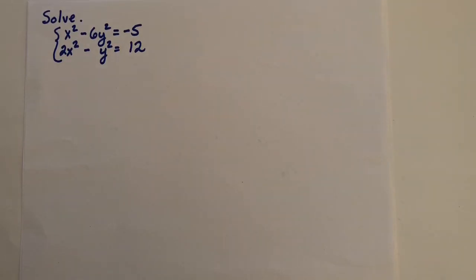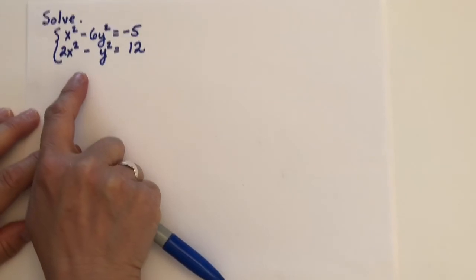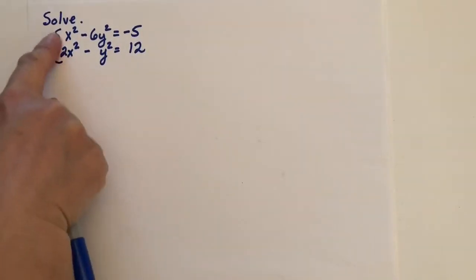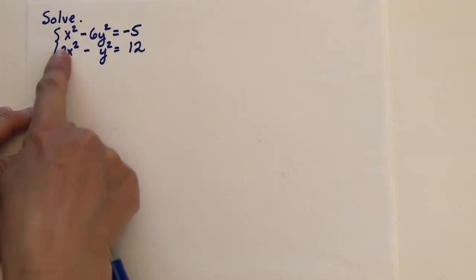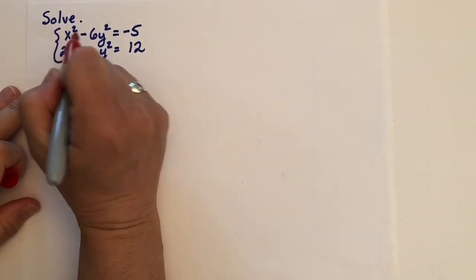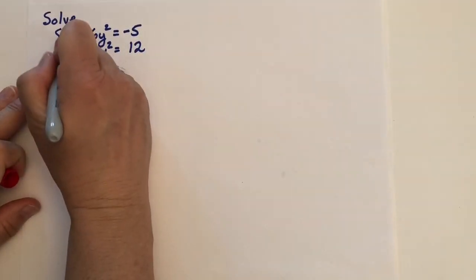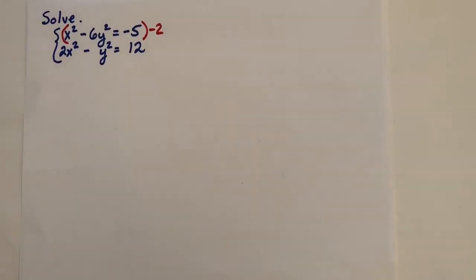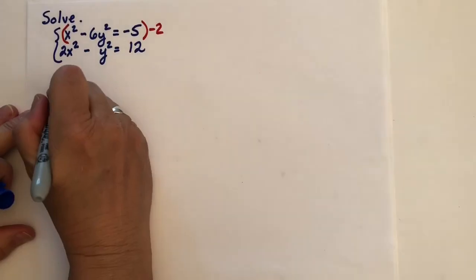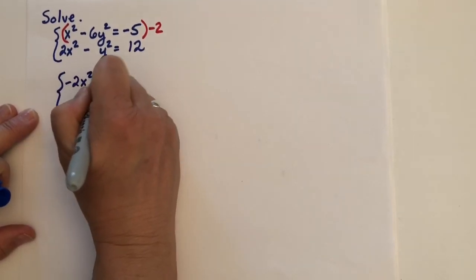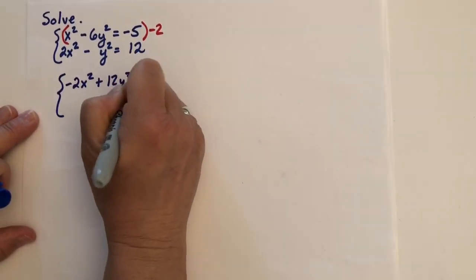So we can either eliminate the x's or the y's. I think I'll multiply this first equation by negative 2, and that will eliminate my x's. So here we go. We're going to multiply by negative 2 here, and my system becomes this. Negative 2x squared plus 12y squared equals 10.